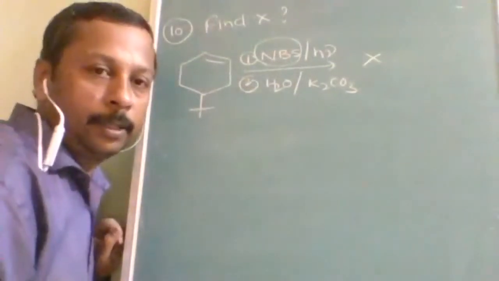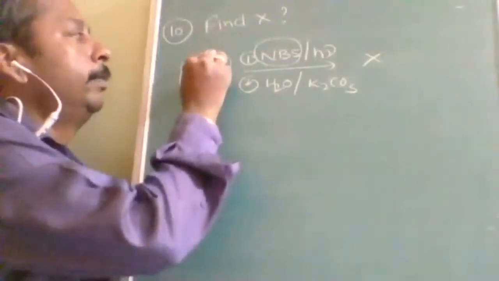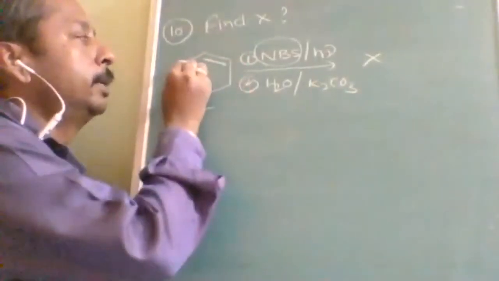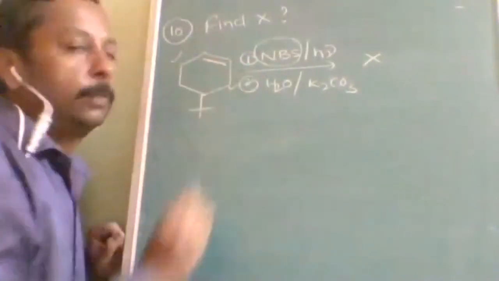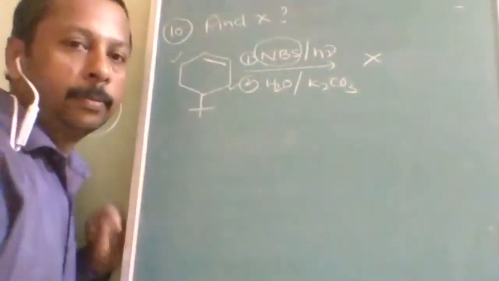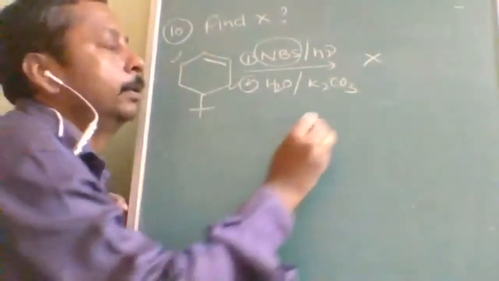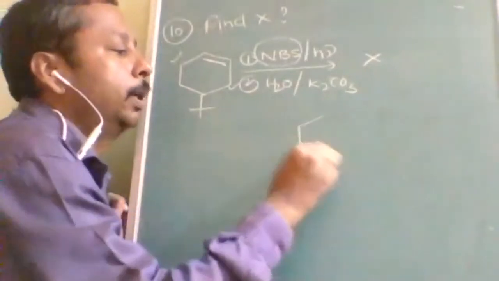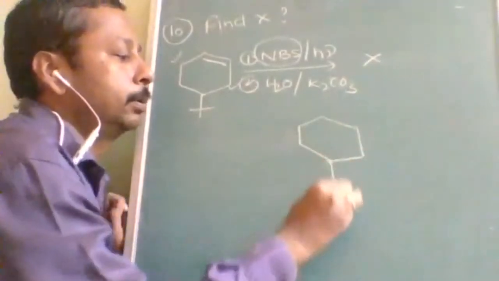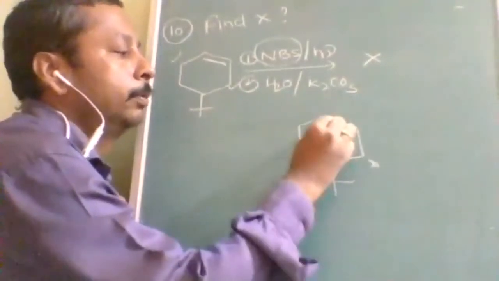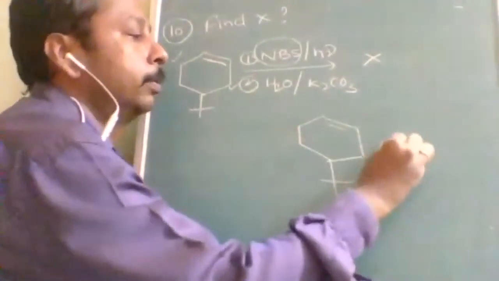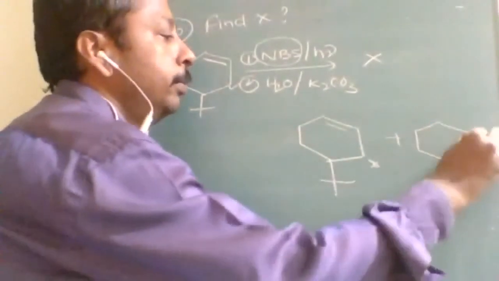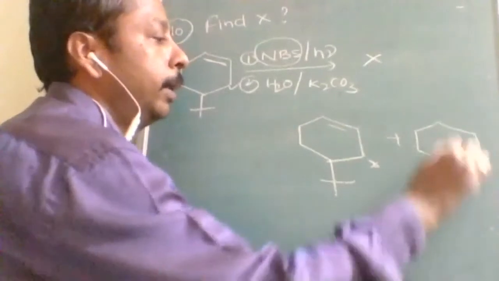Allylic means the carbon adjacent to the double bond carbon. There will be 2 allylic carbons, here also possible and here also possible, but where to substitute is the problem.